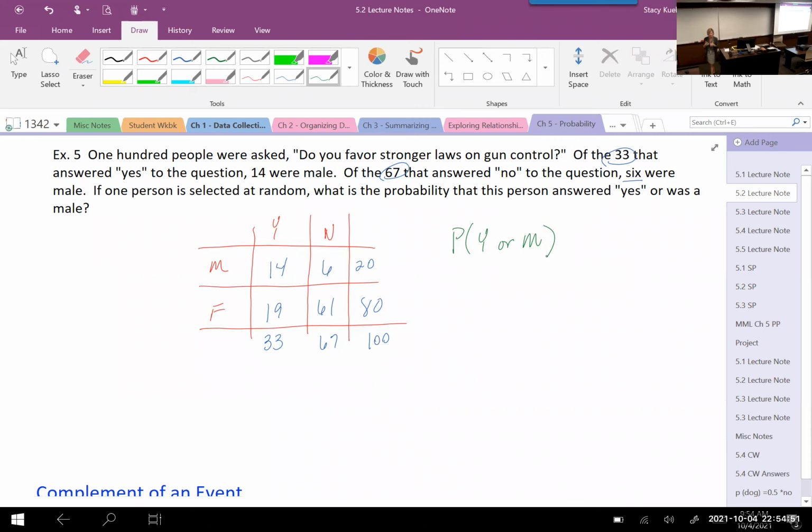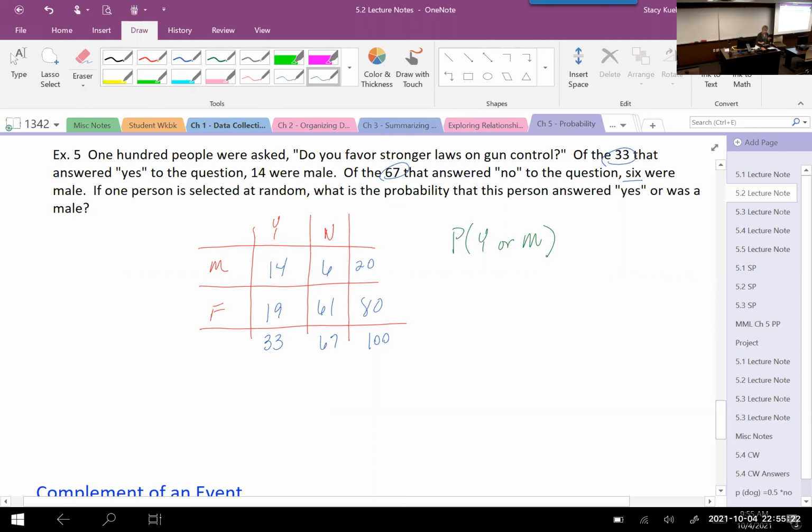In order to do the addition rule, we have to verify, are these events, the probability of answering yes, the probability of a male, disjoint? Are they mutually exclusive? They can overlap, right? Can you not be a male and answer yes? Okay, so that's how we can use this table to figure out what the overlap is.